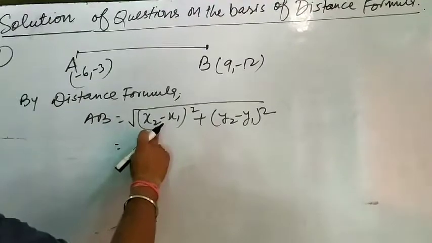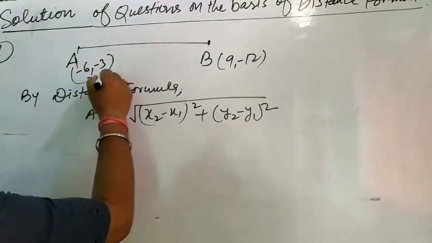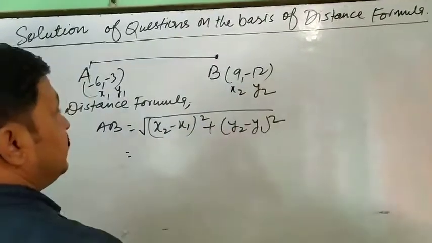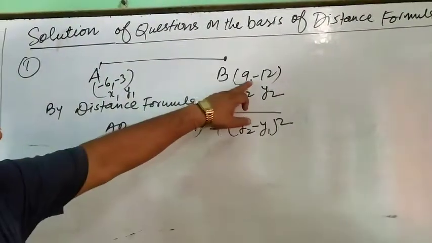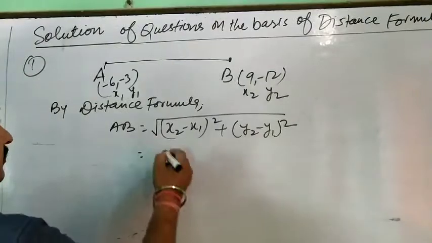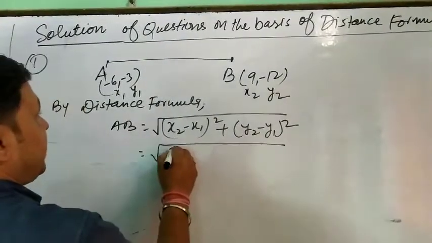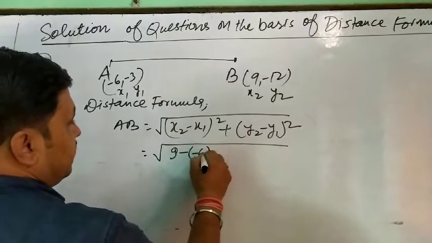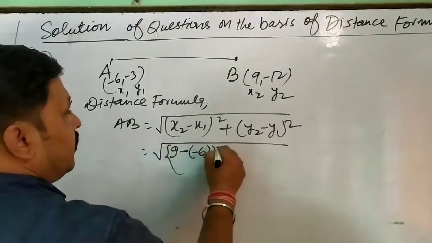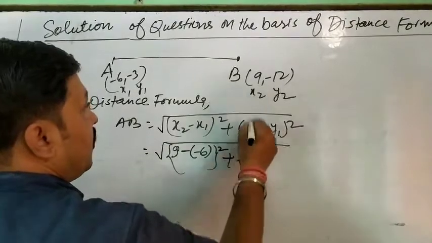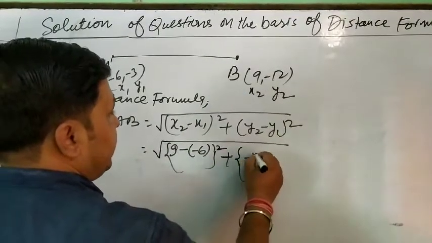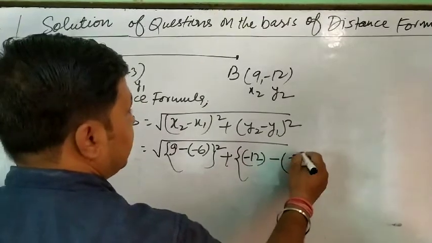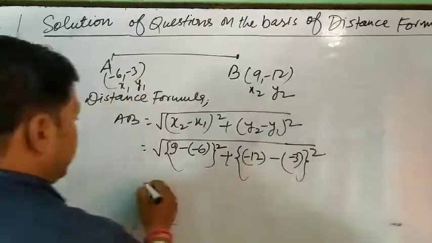So your x2 is 9. So 9 minus minus 6, the whole square, plus y2 minus 12 minus minus 3, the whole square.